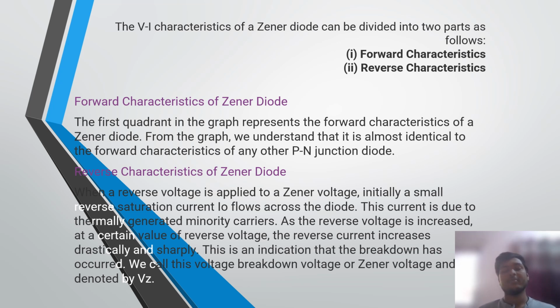As the reverse voltage increases, at a certain value of reverse voltage the reverse current increases drastically and sharply. This is an indication that the breakdown has occurred. We call this voltage the breakdown voltage or zener voltage, denoted by Vz.